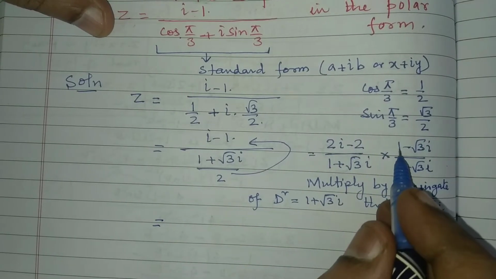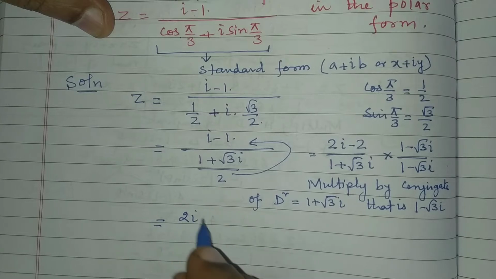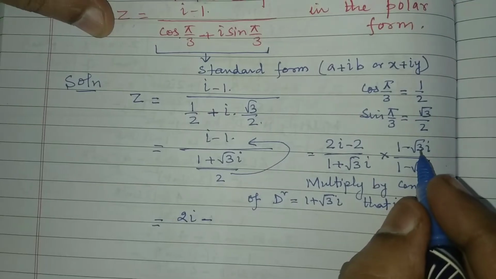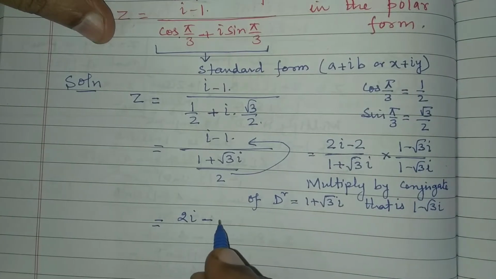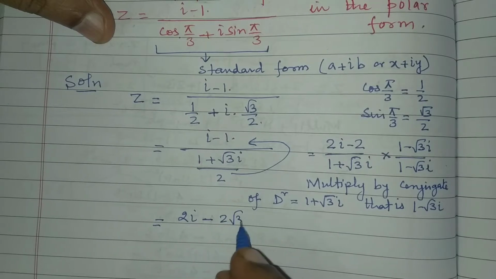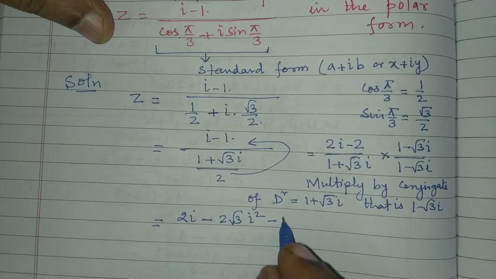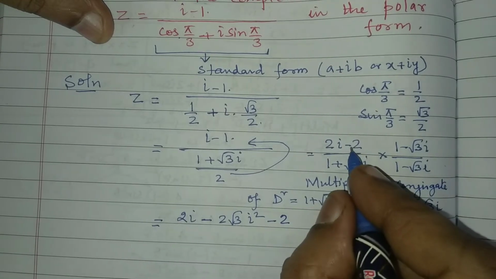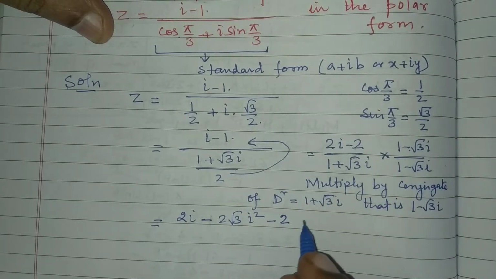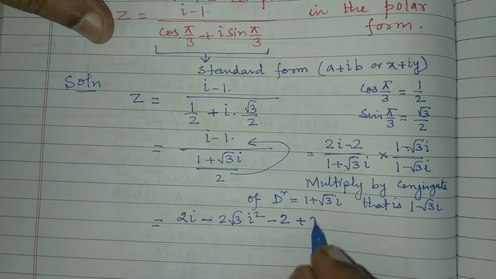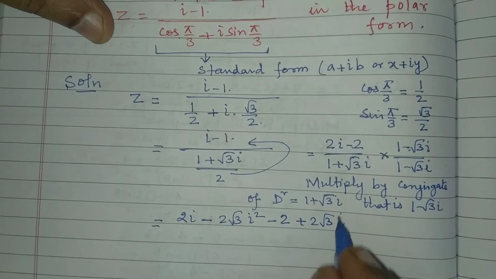So 2i into i gives 2i square; 2i into minus root 3i gives minus 2 root 3 i square; minus 2 into 1 is minus 2, and minus 2 into plus root 3i gives minus 2 root 3i.